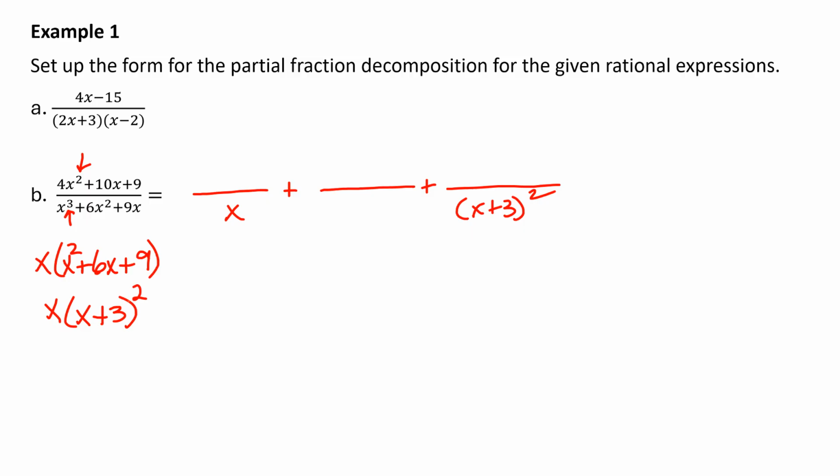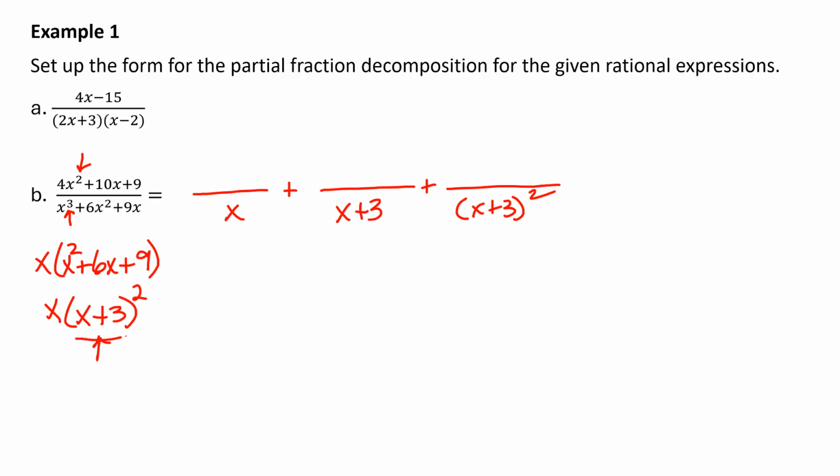Well, if you have some kind of non-factorable item like x plus 3, and that quantity is raised to a power, you need to have a denominator with that thing to the first power and to the second power. So this one will be x plus 3 to the first power. And that's not obvious, and that's just a rule.